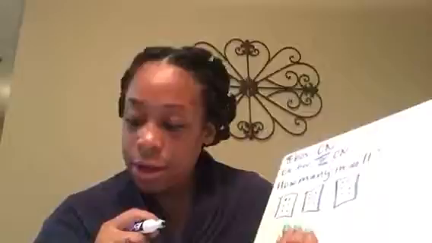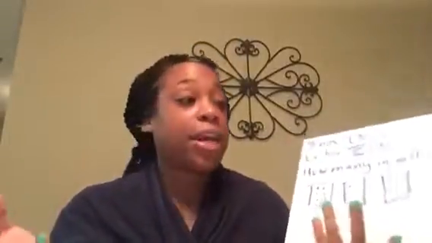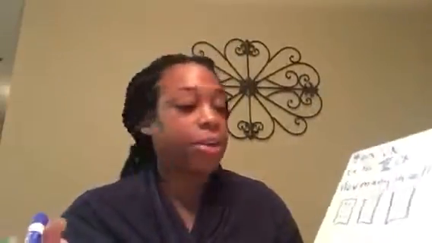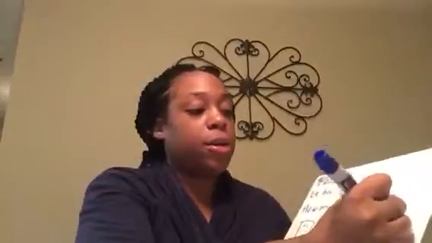And then we have to figure out what the question is trying to ask us. Is it trying to say, if we take away nuggets, or if we shared nuggets? It's not. In this case, it's trying to find out the total number of nuggets.